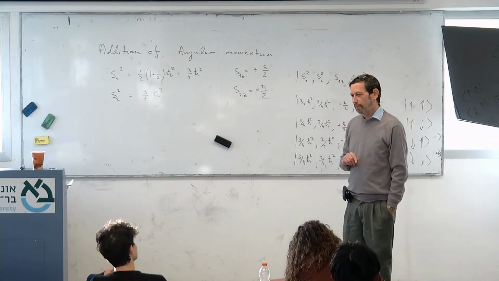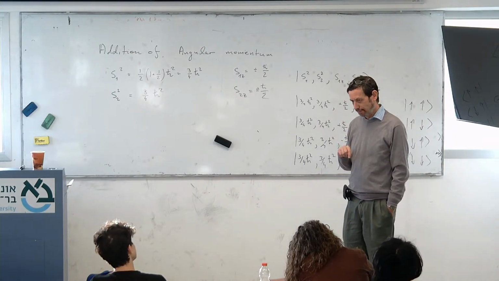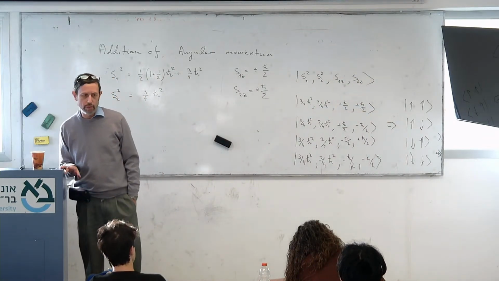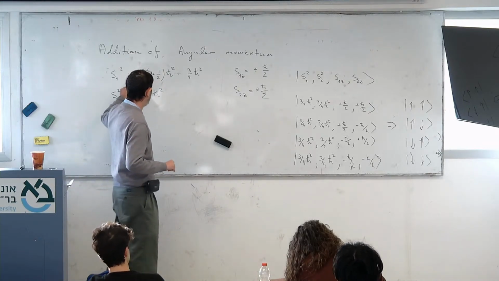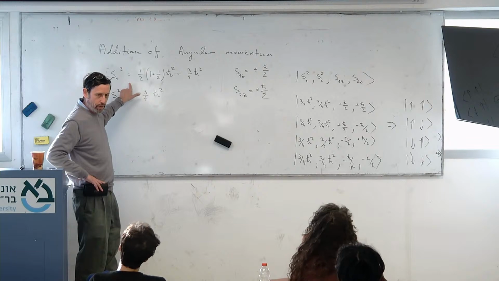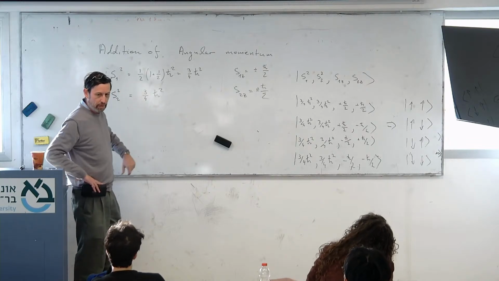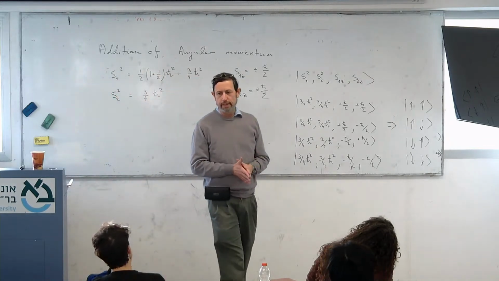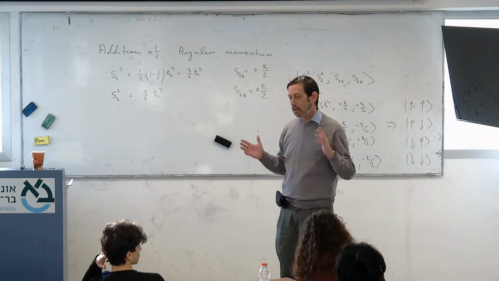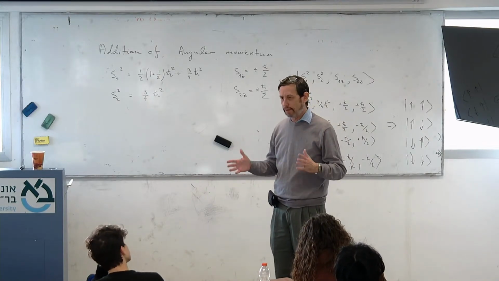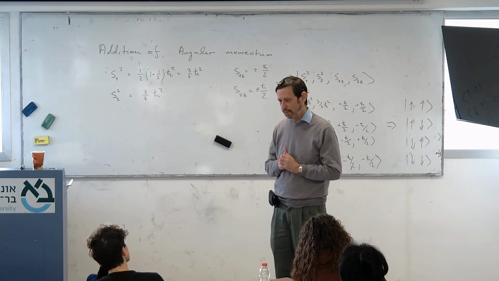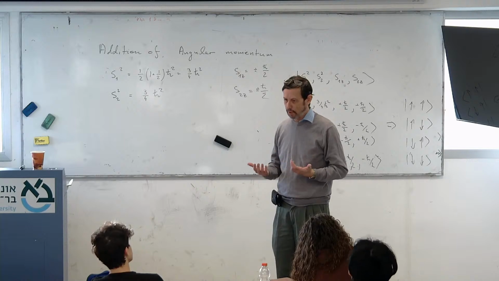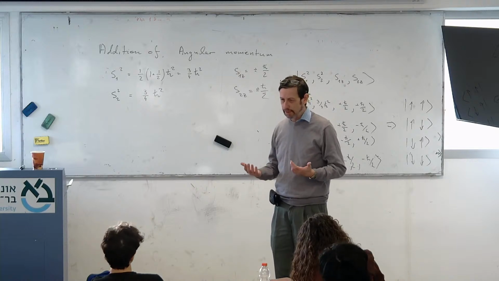There's another problem that is even worse. Here I told you that I have the spin of particle 1 and the spin of particle 2. In classical physics, I can always say who is particle 1 and who is particle 2. In quantum physics, not always. What do I mean?